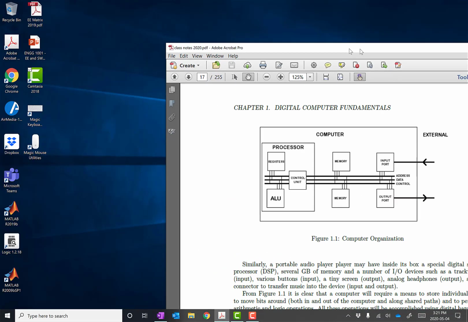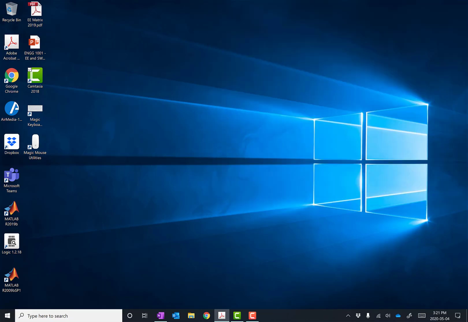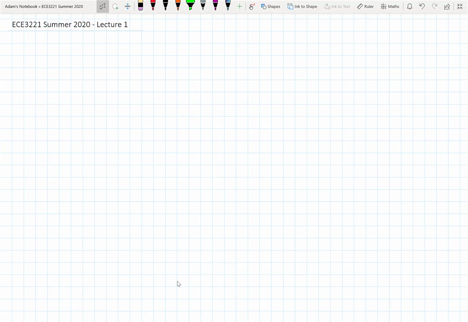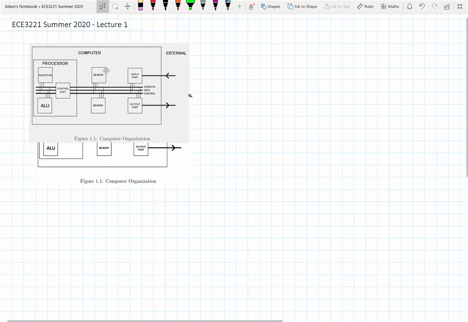Let me pull these notes away, and we'll bring that diagram into our OneNote slides.